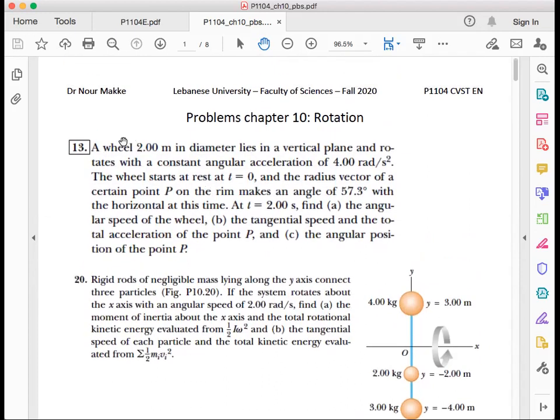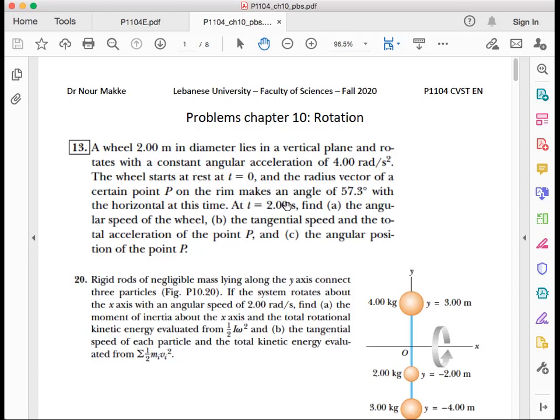So let's start with problem 13. We have a wheel 2 meters in diameter, lying in a vertical plane and rotating with a constant angular acceleration of 4 radian per second squared. The wheel starts at rest at time t equals 0, and the radius vector of a certain point P on the circumference of the wheel makes an angle of 57.3 degrees with the horizontal at this time, which means at time t equals 0.